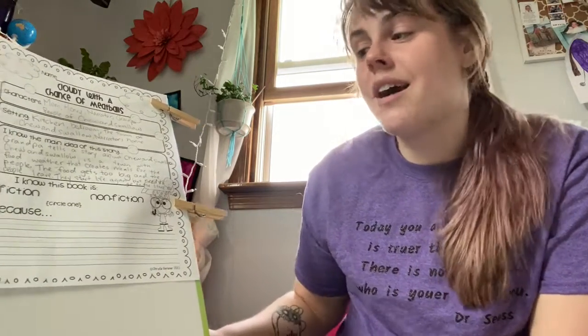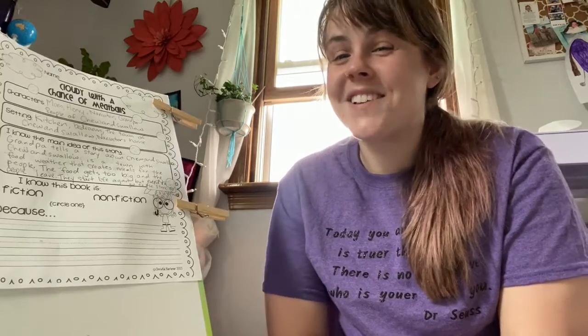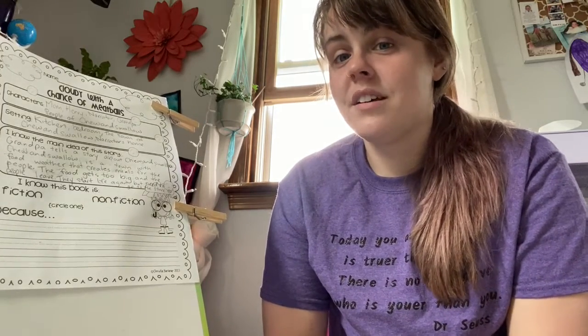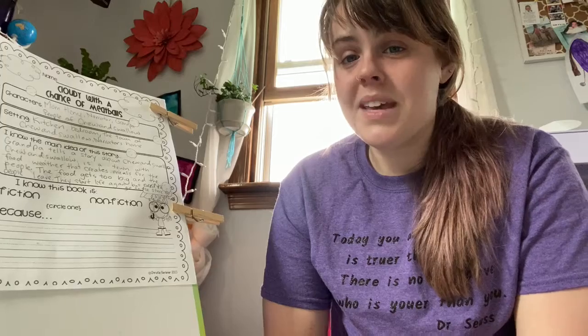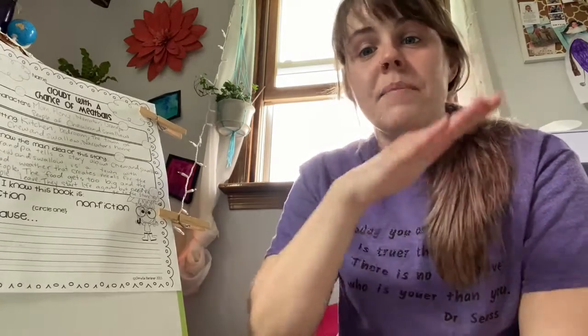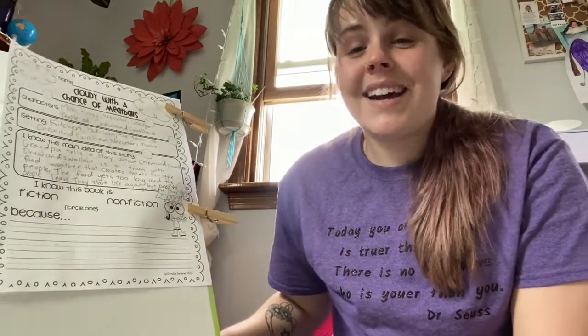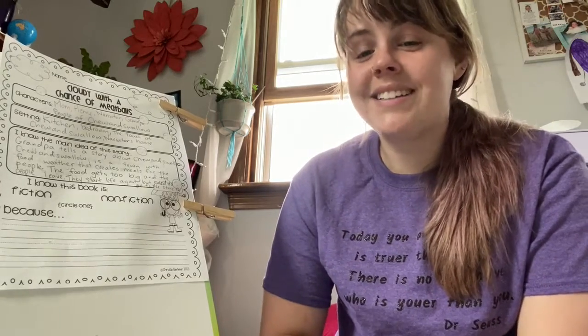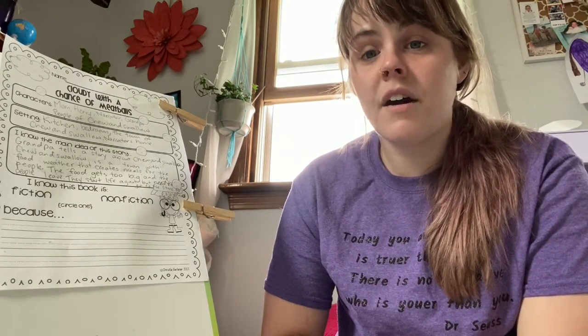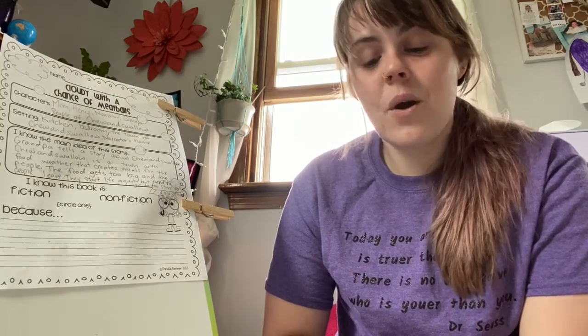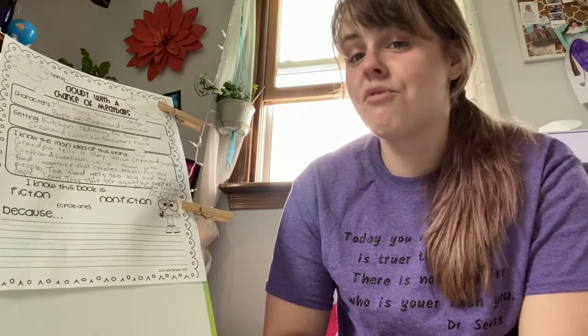So the last story element we're going to be talking about today is whether this book is fiction or nonfiction. So fiction means that a story has a storyline, so it has a beginning, a middle, and an end, that something happens over time. It has characters, it has people in the story, and settings that are created by the author's imagination. So these things might not always be real.